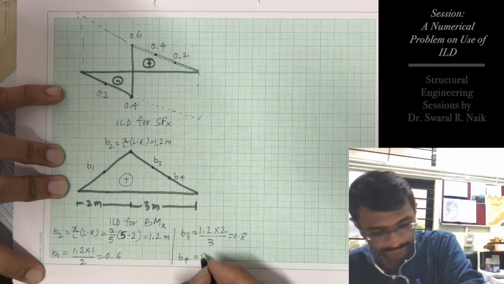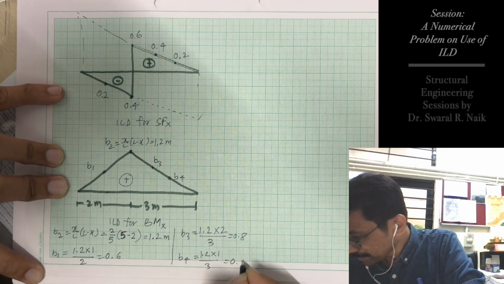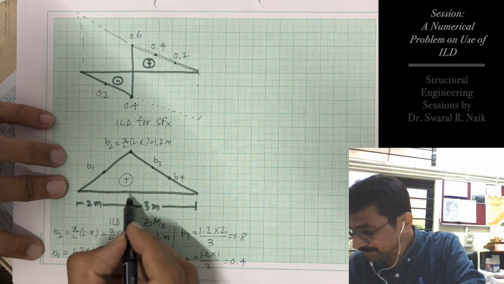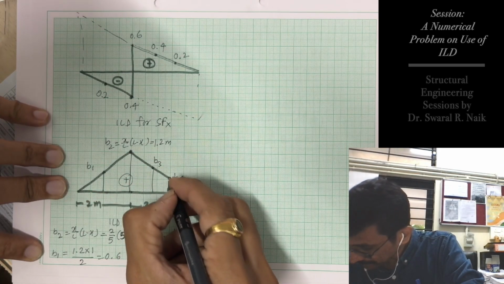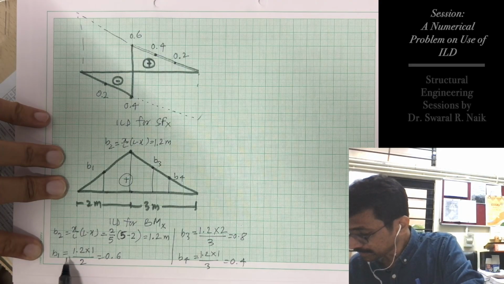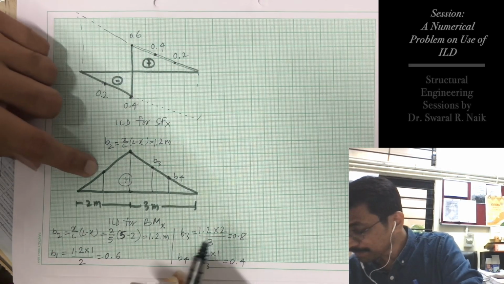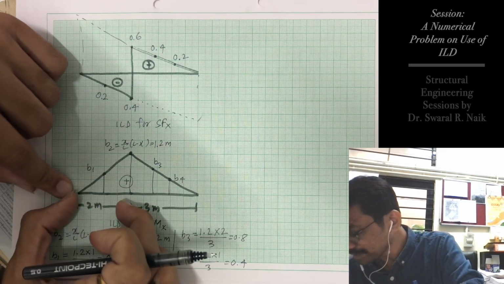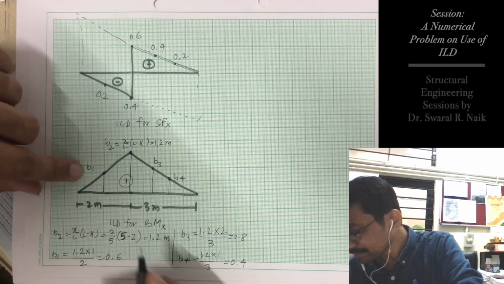B4 would be 1.2 into 1 divided by 3, 0.4, right? How has this come? If you see this in triangulation, these ordinates are very simple. I hope you understand this. You already know this, but let me just repeat it. So this distance is known, right? We want to calculate B1. So if the height is 1.2 at a distance of 2 meter, what will be the height at 1 meter, which is B1?